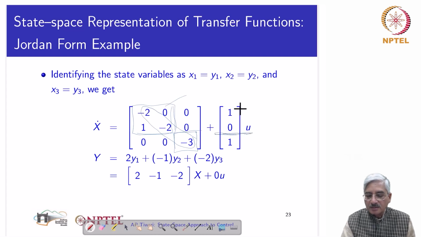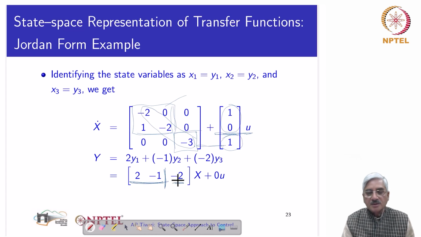This is the input matrix corresponding to the first Jordan block, and this corresponds to the second Jordan block, which has only one element. And this is the C matrix corresponding to the first Jordan block, and this is the C matrix corresponding to the second Jordan block, and of course the direct coupling matrix between input and output is 0.